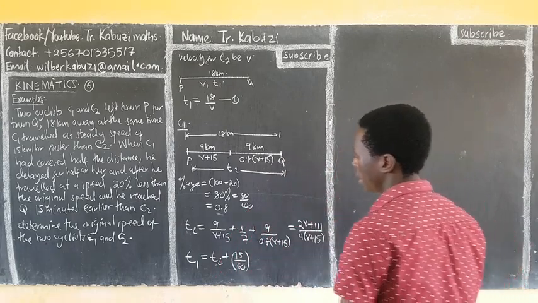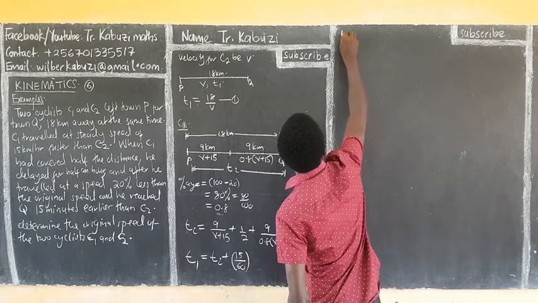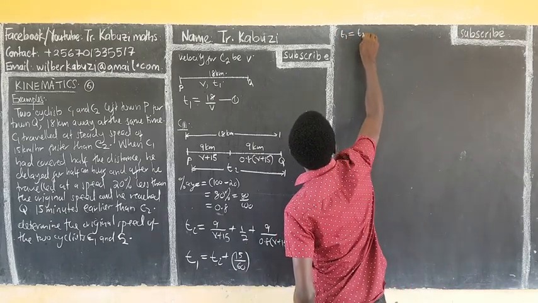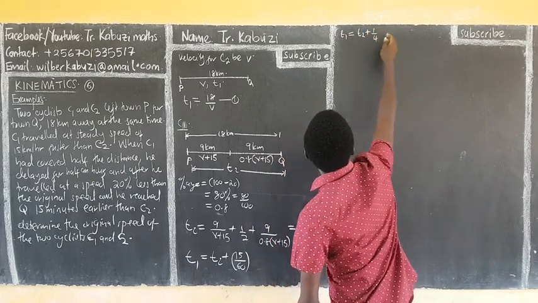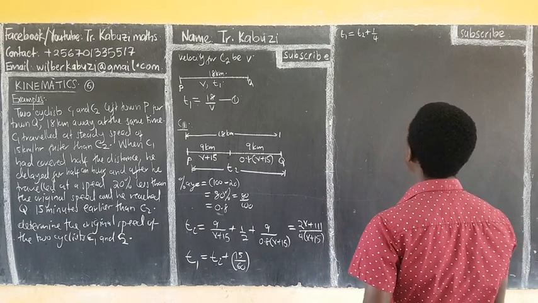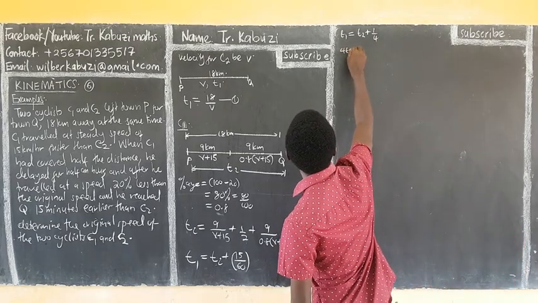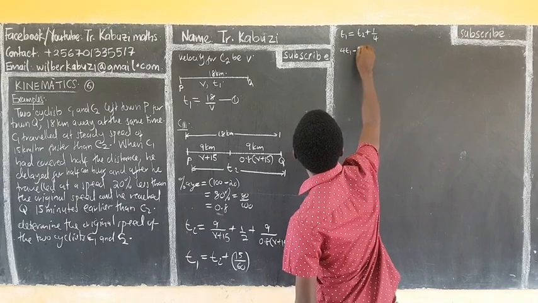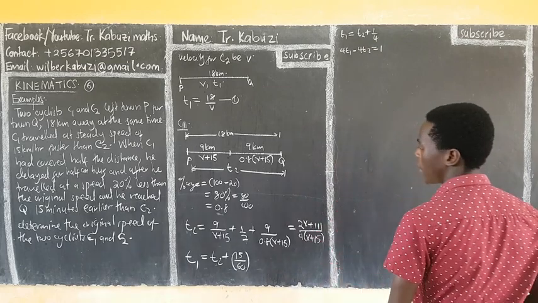So meaning that now, if we substitute into the formula, we start from here, our T1 is going to be T2 plus, when we substitute there, a quarter. So we can multiply through by 4. So now I take this side, 4T1 minus 4T2 is going to be 1. So now, can we substitute?